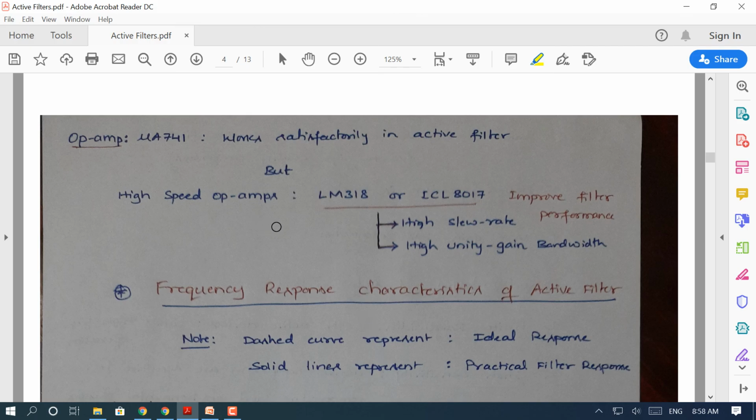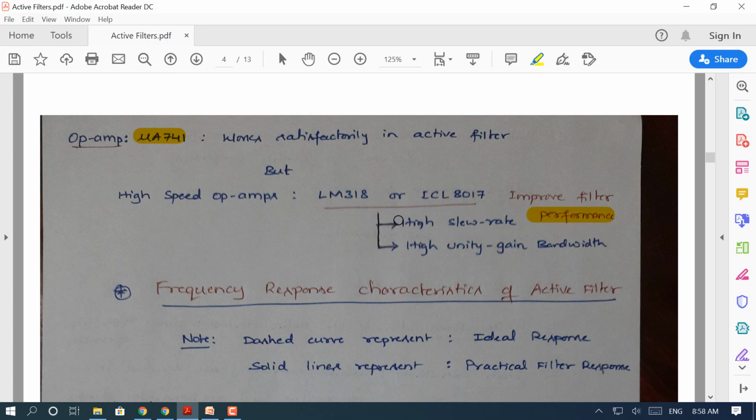The op-amp here is the µA741. Though this op-amp is a general purpose operational amplifier and works satisfactorily in an active filter, in order to improve the performance we can go for high speed op-amps such as LM318 or ICL8017. If we use these op-amps as the active element, definitely the performance of the filter will be improved.